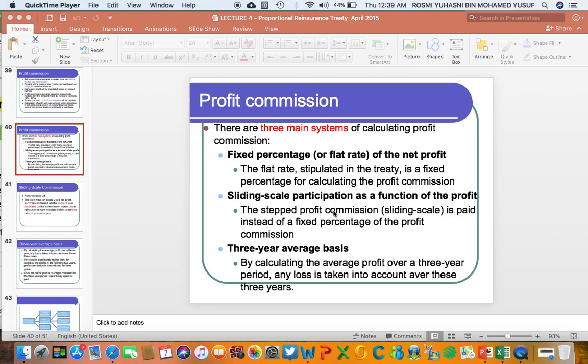If the loss ratio is very low, that will result in a very high rate of profit commission. And the third one is called 3-year average basis. I will explain in detail later, but 3-year average basis looks at 3 consecutive profit and loss results of the reinsurer.